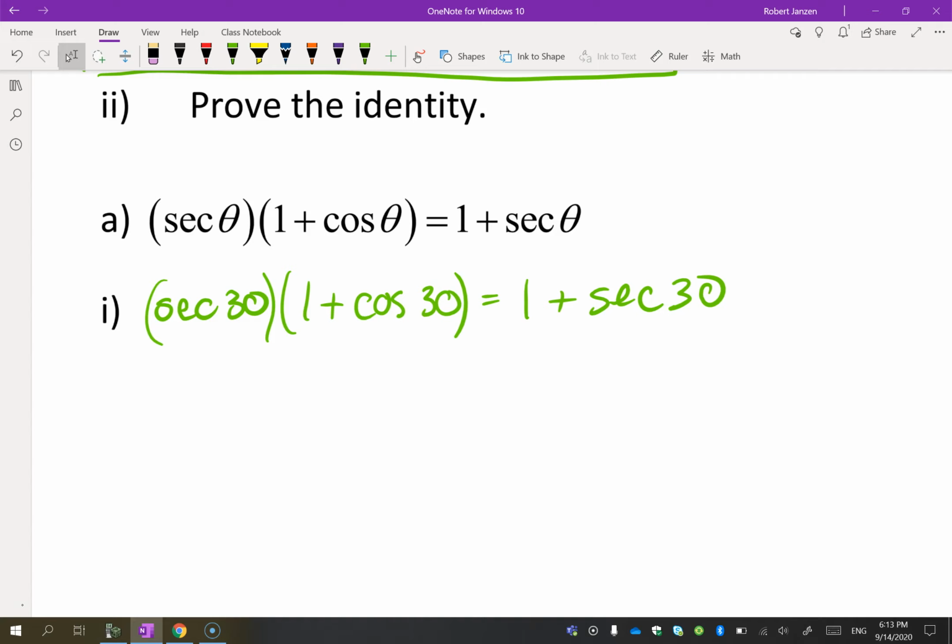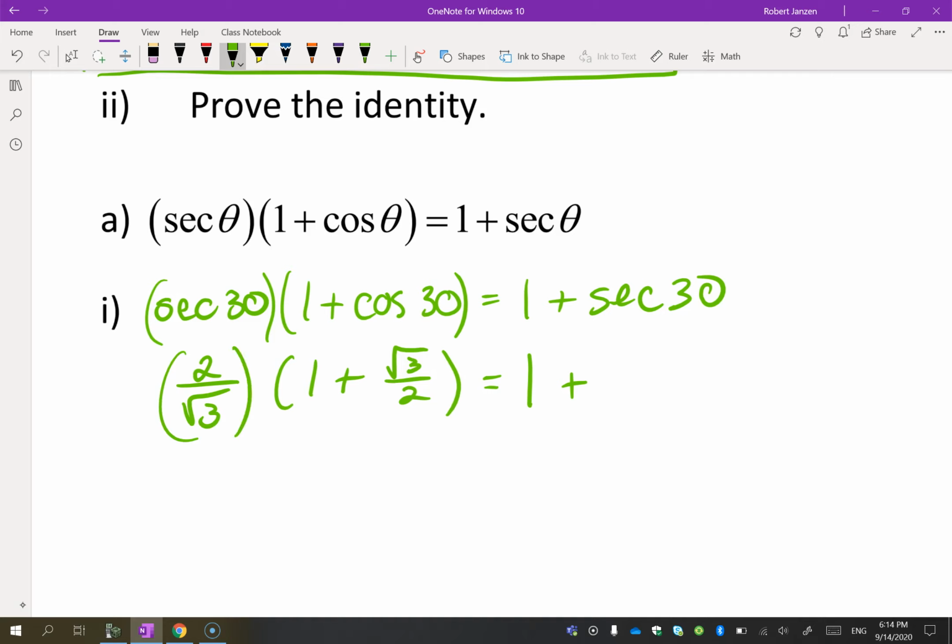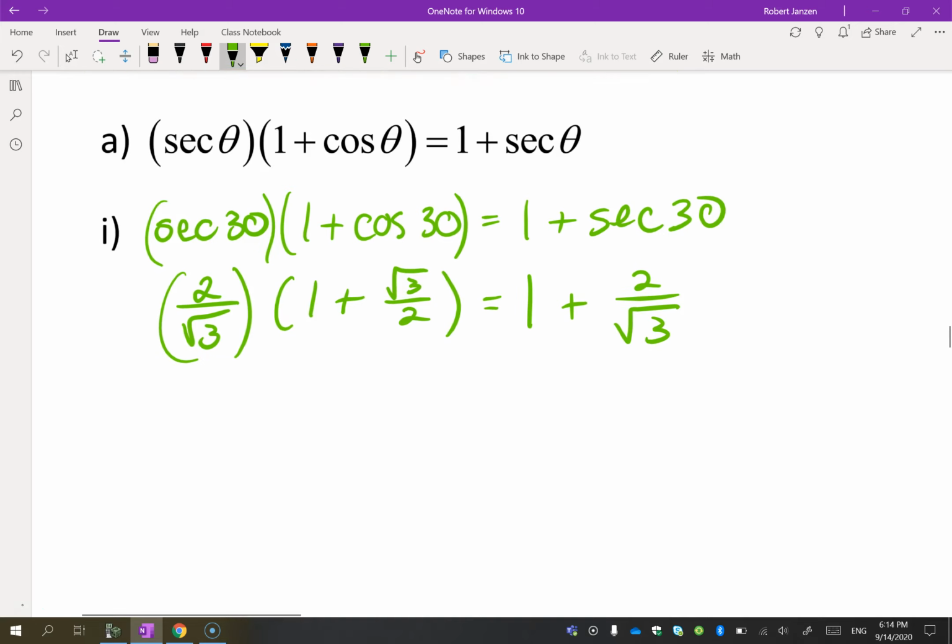So what do we know in here? Well, the easiest thing to do is I know that cos of 30 is root 3 over 2. And that means if cos of 30 is root 3 over 2, secant of 30 is 2 over root 3. Are those the same? Well, let's do one more step here. Let's take this and multiply it. That's a distributive property.